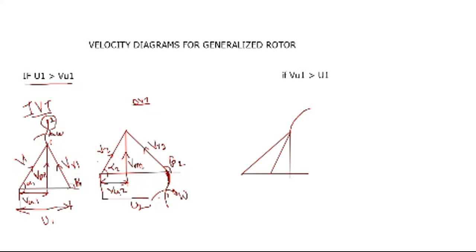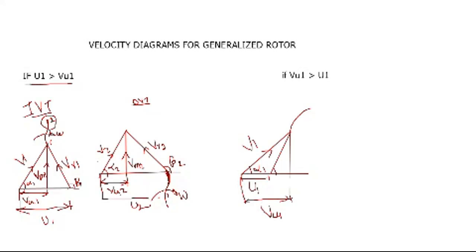The distances I will write from this to this. It is U1, I have written wrong, that is U1, from this point to this point, that is VU1, and this is V1, and the angle of that is alpha 1.